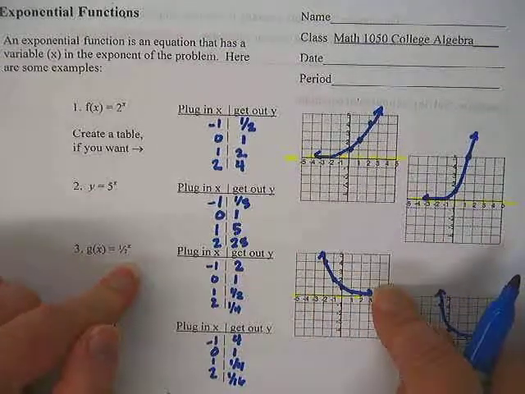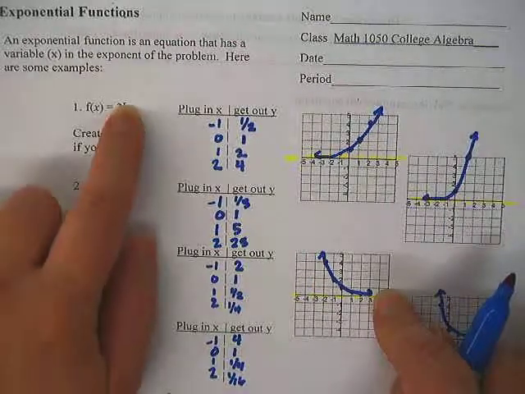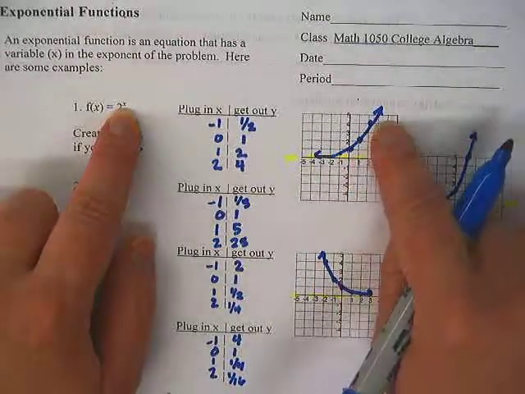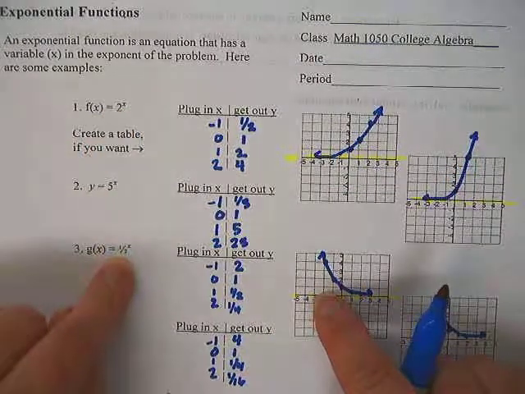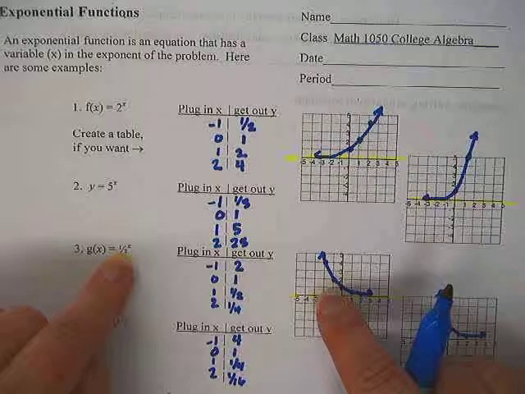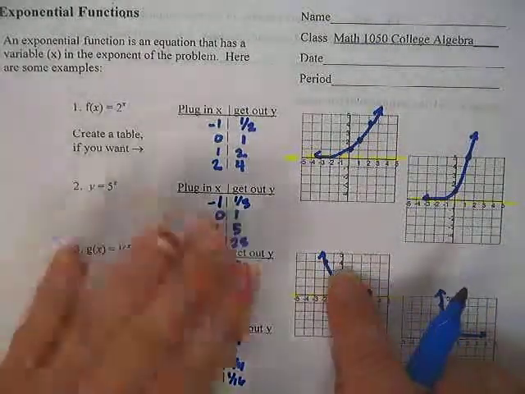So if we started out with this one that has a base of 2, doing 2 to the negative x technically changes our base to 1/2 because the negative x flips it over, which means our graph is going this direction instead. So there's two different ways to create your decay graph.